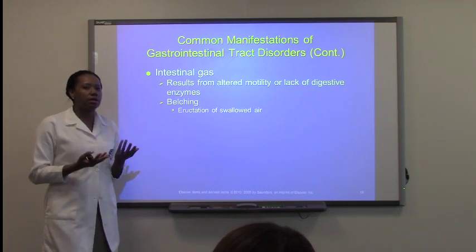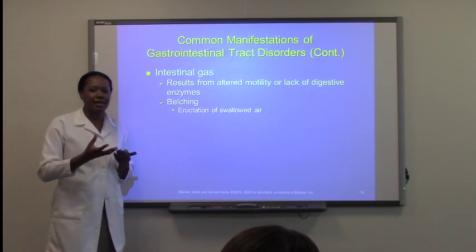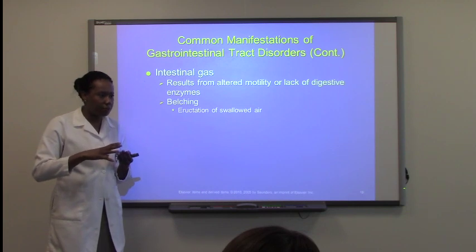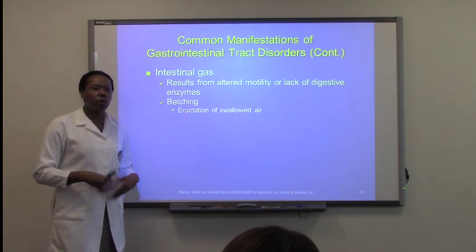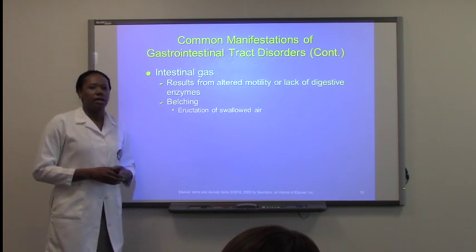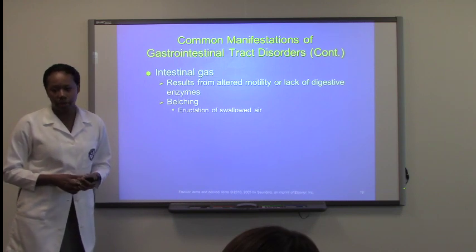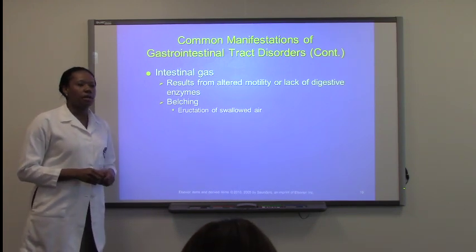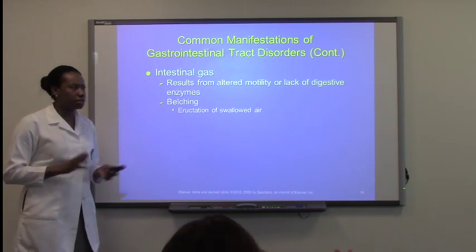Now, how is the body going to get rid of it? It can't just sit there forever. It actually turns it into a gaseous state. It does have its way of breaking itself down, especially because it's in an acidic environment to begin with, so it will turn it into a gaseous state. Hence the reason why, when people are lactose intolerant, you don't want to be around them if they haven't taken their little pill, because they will have a lot of belching and flatulence and all that good stuff.